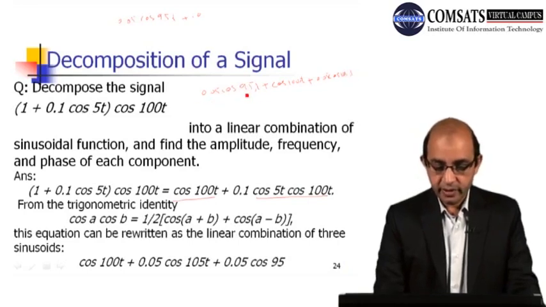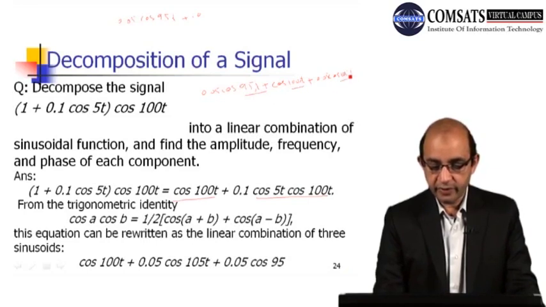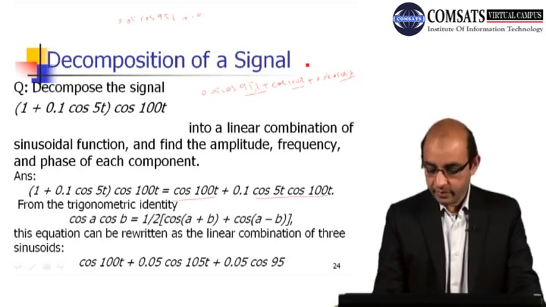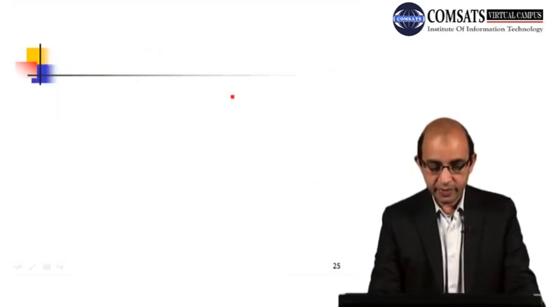So you can see 95t, 100t and 105t. So this is the arrangement.